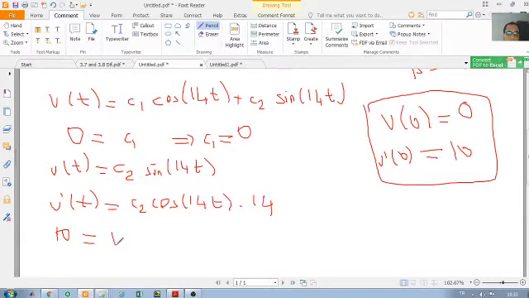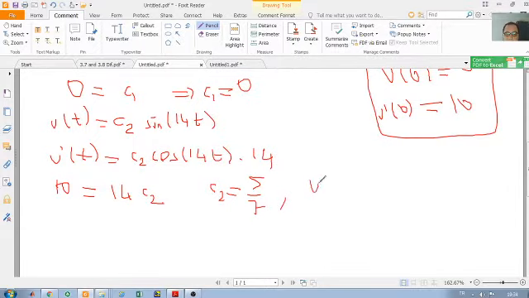And when we write 0 for t, and the first derivative will be equal to 10 here, so we write cosine 0 times 14 c2, which means c2 is equal to 5/7. So the displacement of the mass with respect to time is equal to 5/7 times sine 14t.